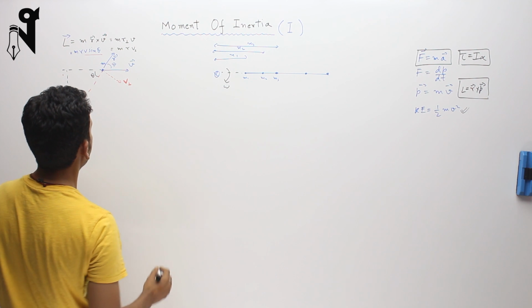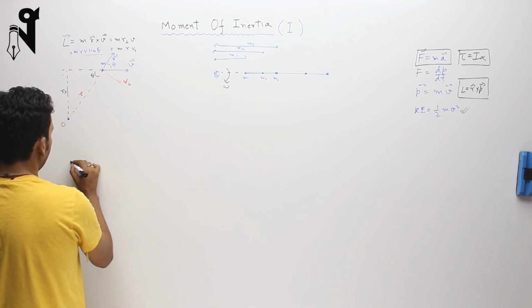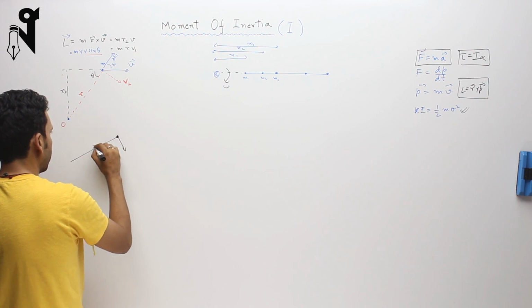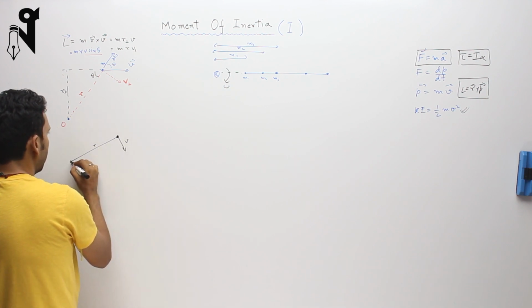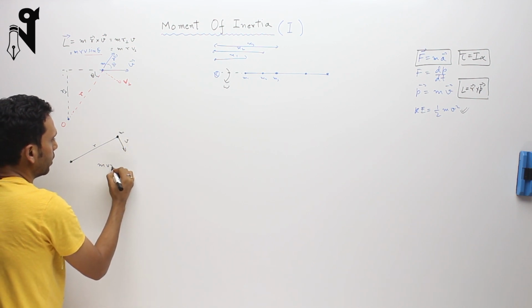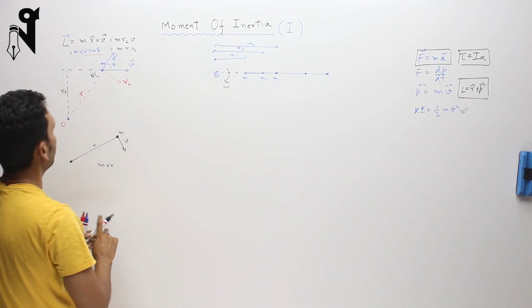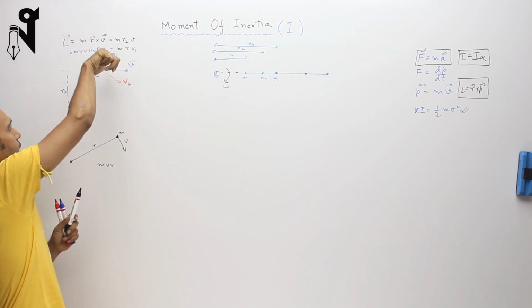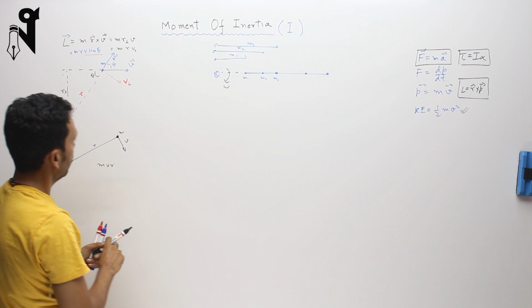So the best scenario is when the velocity is actually perpendicular to the radius. That's the radius, that's the velocity. That time it is simply m v r, as simple as that. And what would be the direction? It's a vector. R cross v. So inside the board, in this case, inside the board.